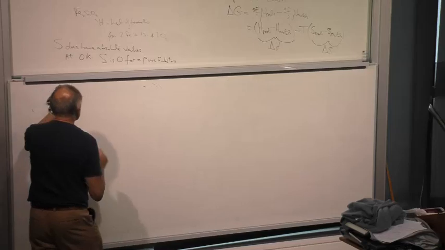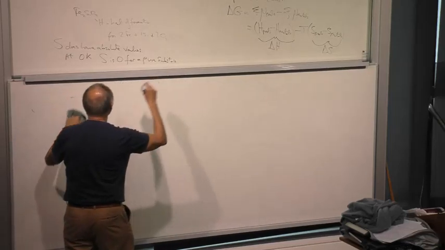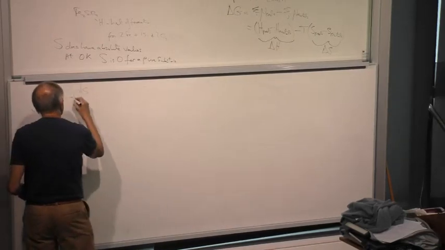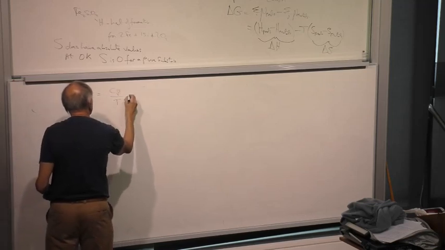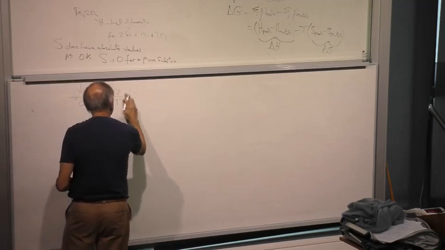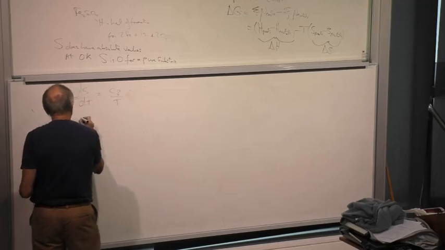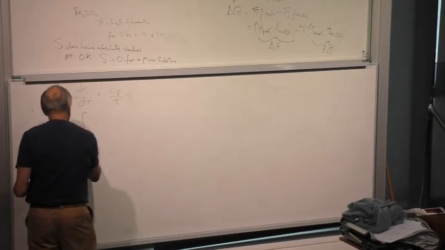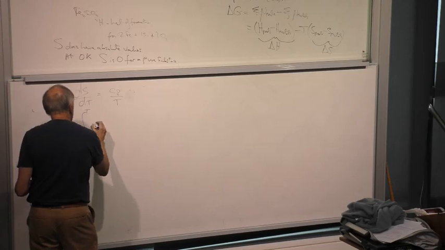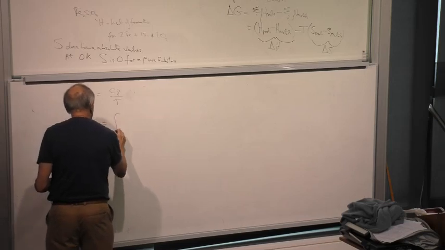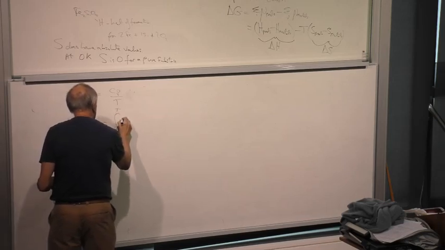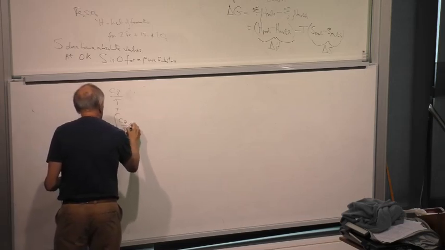And so dS is Cp over T dT. So the integral from 0 to T of dS is the integral from 0 to T of Cp over T dT.